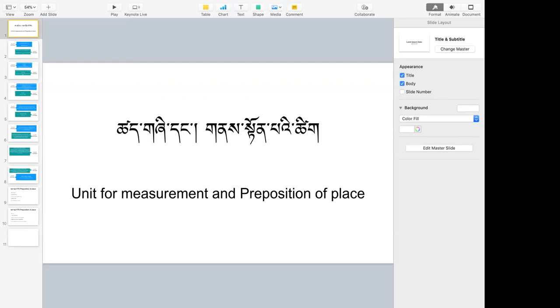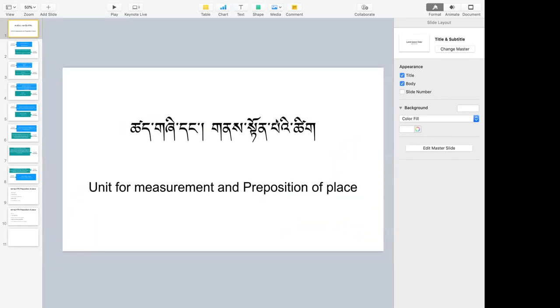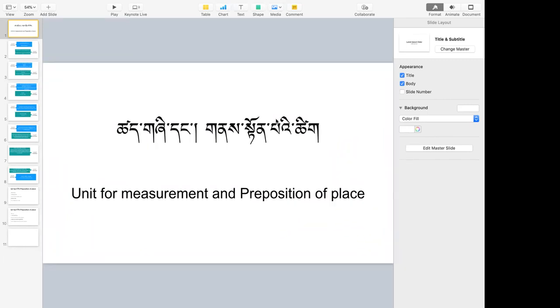Okay, so today's lesson is not as long as our usual lesson, because I have divided the entire chapter, which is called Unit for Measurement.